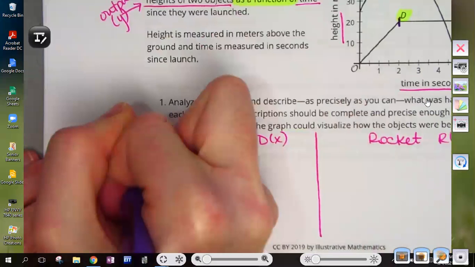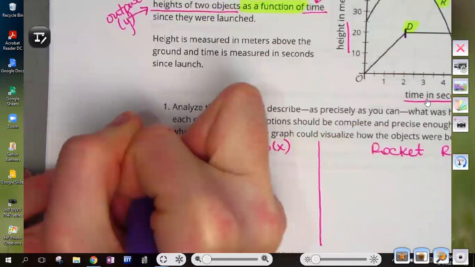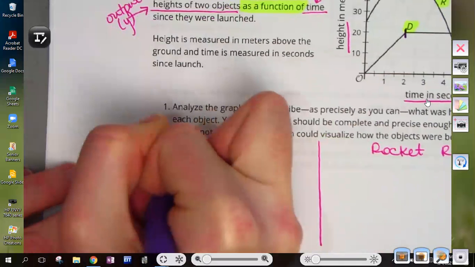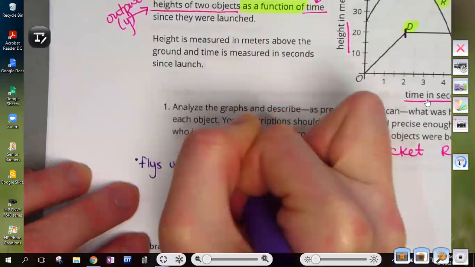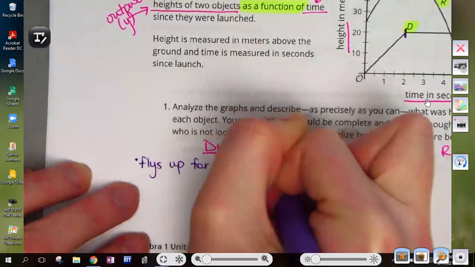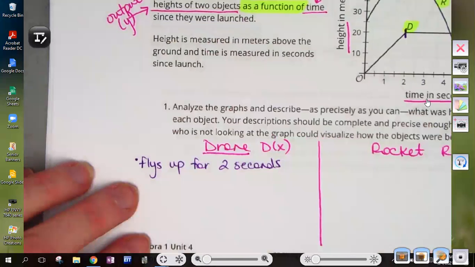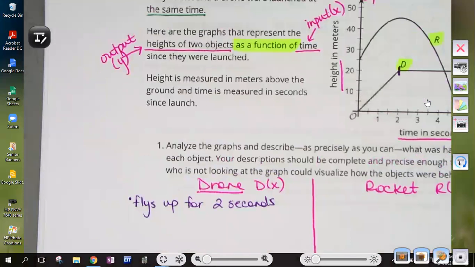Okay, so let's write that down. Or you can just write little bullet points. Flies up for 2 seconds. Okay, so if someone who wasn't looking at these graphs, they could picture that, right?